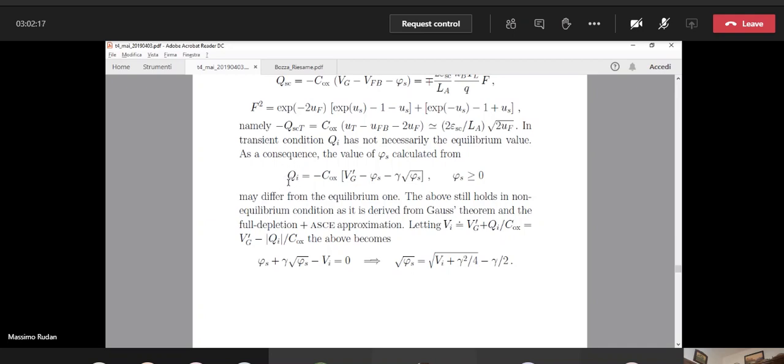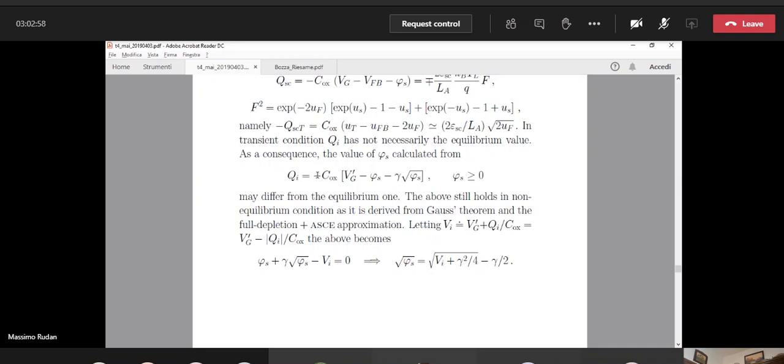Its modulus is smaller during the transient. Actually, initially it is zero. Conclusion, we may calculate a relation in which we extract the surface potential phi s as a function of the charge per unit area of the inversion layer. We can still do this, so let's do it.